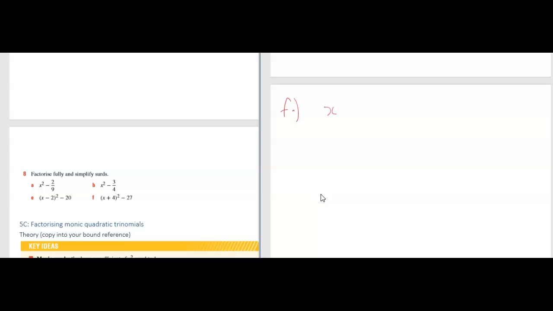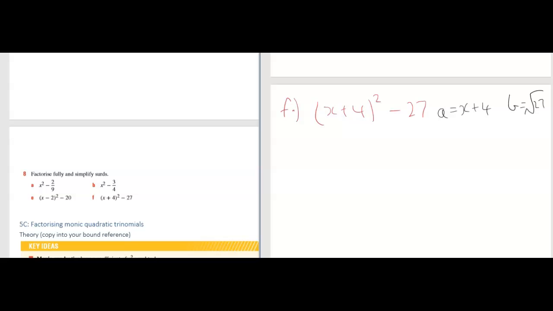So we've got x plus 4 squared minus 27. And when we do quadratics, this will probably make more sense why we're doing this. Because you might be thinking, why would we do this? Yeah, so probably not immediately after quadratics, but soon after quadratics, we'll be doing parabolas, which is the graph of a quadratic.